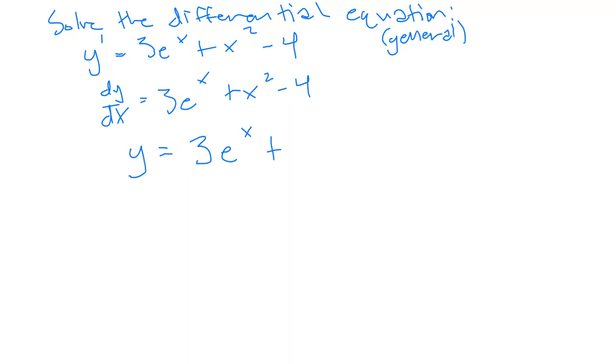So we take x to the n plus 1, so 2 plus 1 is 3, over n plus 1, which is 3, minus our 4. If we're taking the antiderivative of a constant, we just multiply times the variable we're taking the antiderivative with respect to. So just 4x plus c, since this is going to be our general.